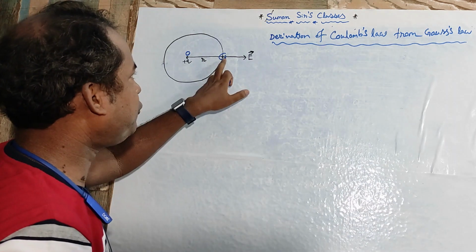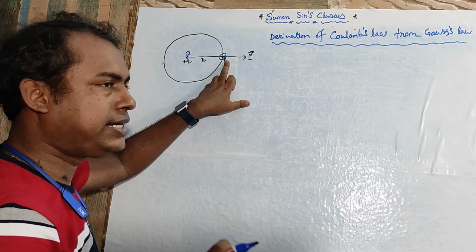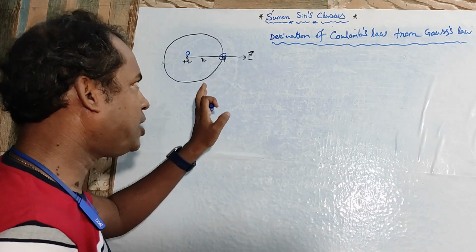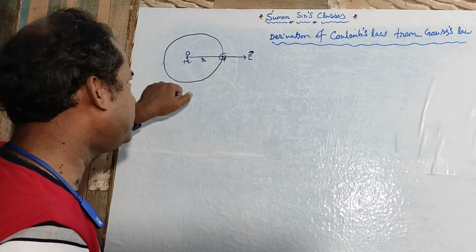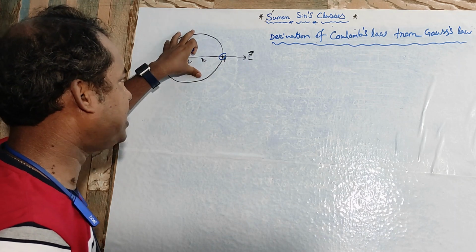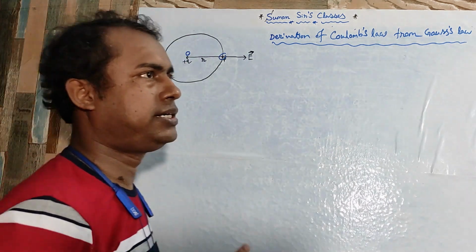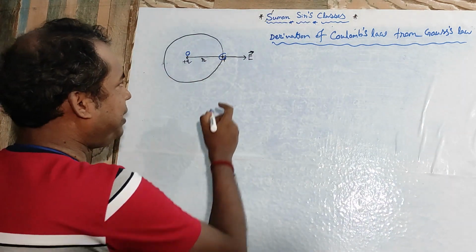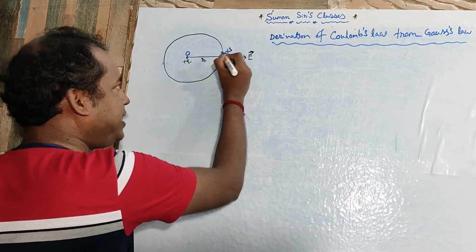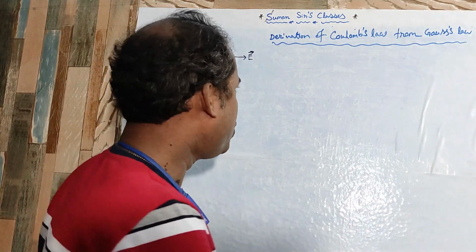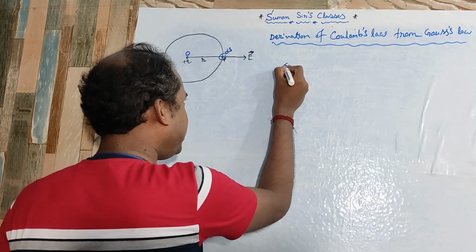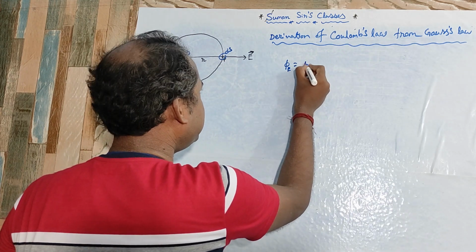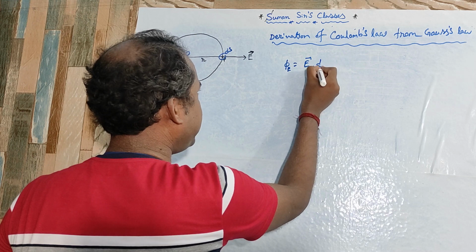We want to find out the electric flux at the point P at first. After that, we integrate over the full surface and find out the total electric flux. Now consider at the point P, a small area is present. This area is ds. So flux in this case, we can write in this form, that is phi E equals E dot ds.